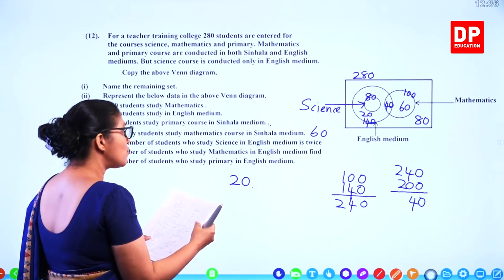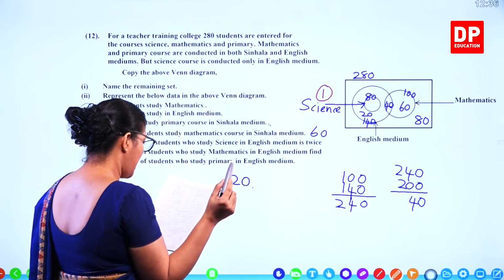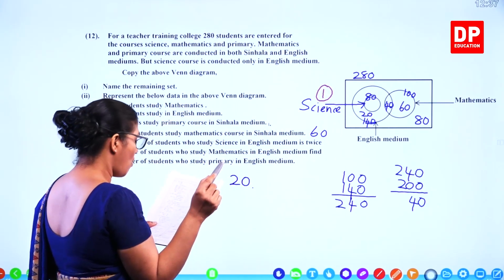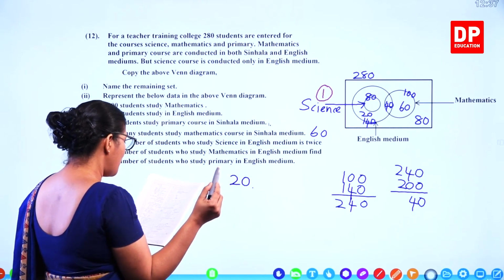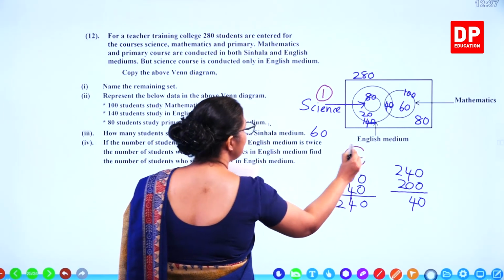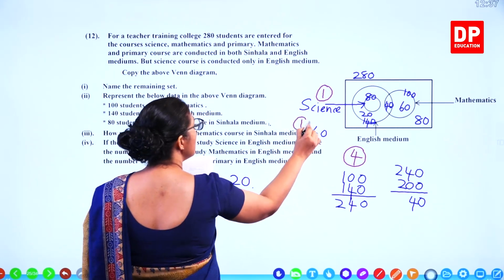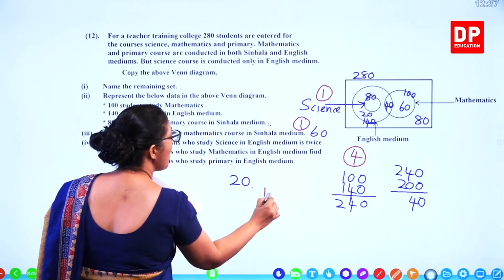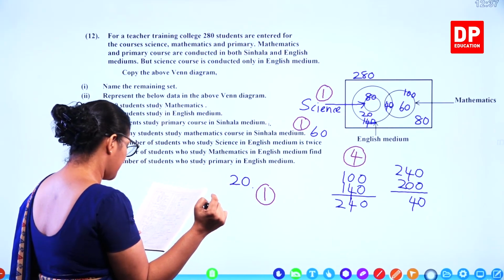Naming the set science, only 1 mark. And marking all the values 100, 140, 80, everything, you get 4 marks for the diagram. And 60, just 1 mark, and 20, 1 mark. So 4, 5, 6, 7 marks for that.